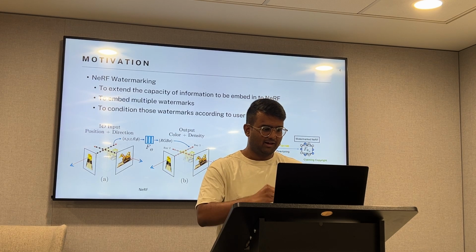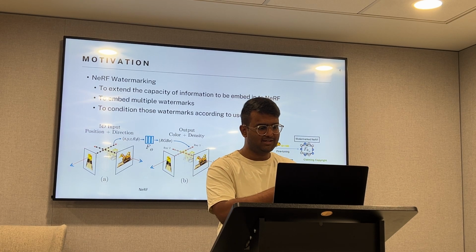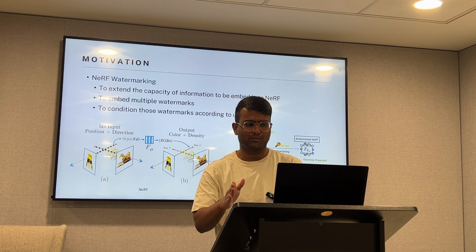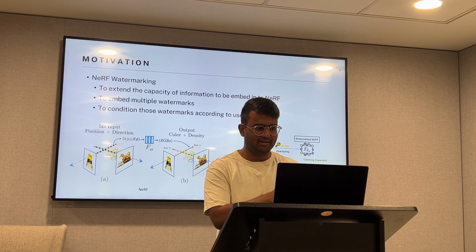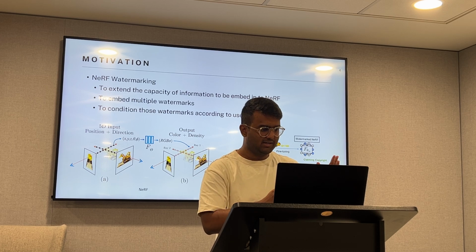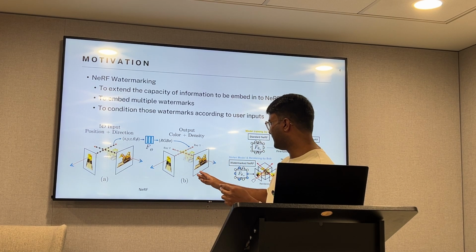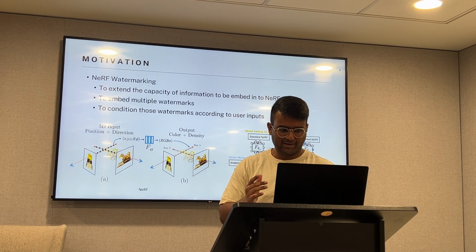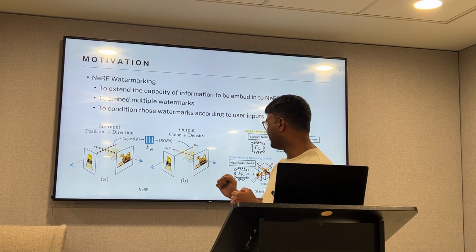So, the motivation for this. All of the stuff that I was talking about was about 2D, but in my work, I'm working on 3D. Just to explain in short what NeRF is, I'm sure most of you might know it, but let me talk about it a bit.